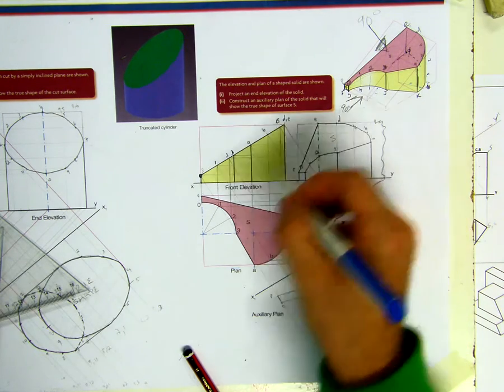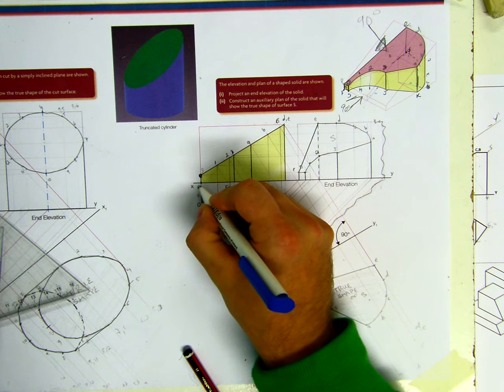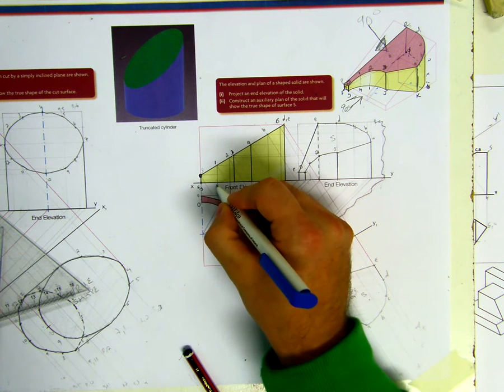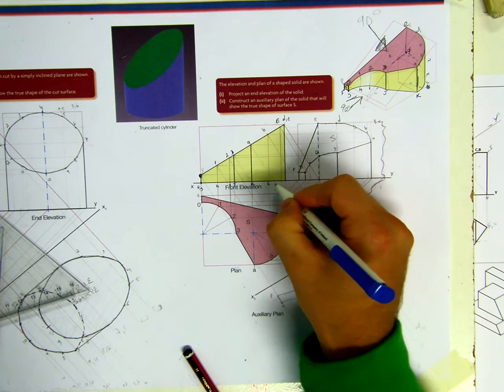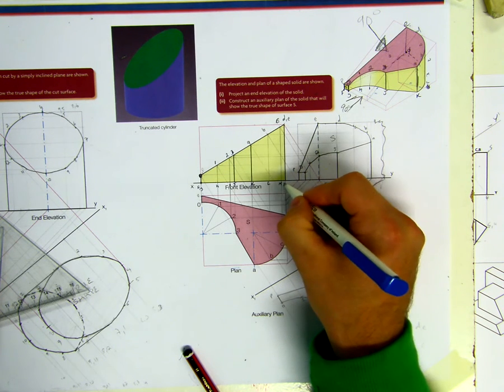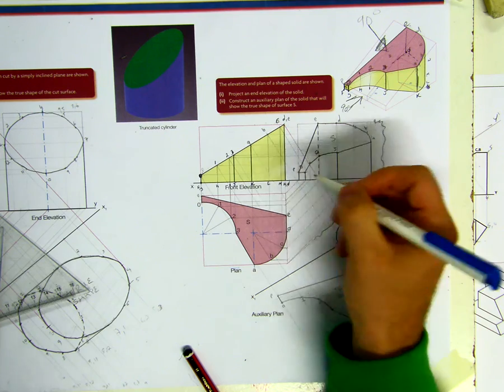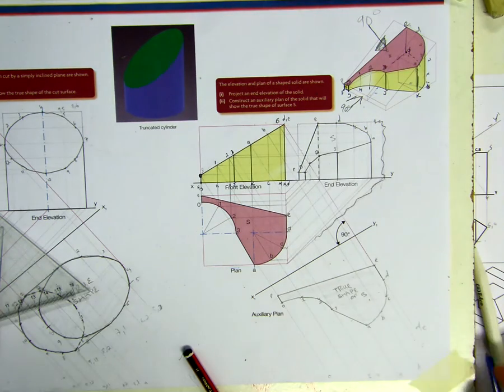Okay, so we have F, G here, so we know that's F, G, H, I, J, K, L, M, N, and then new O with a line through, so the diameter sign.